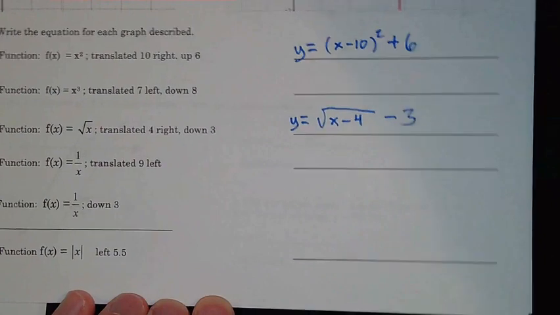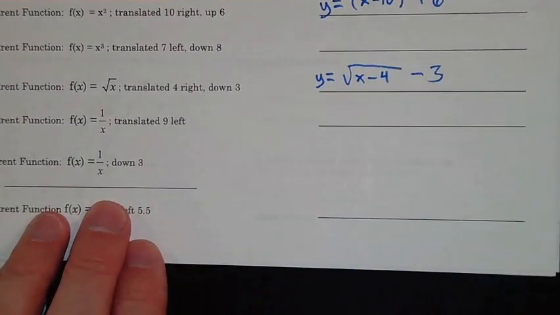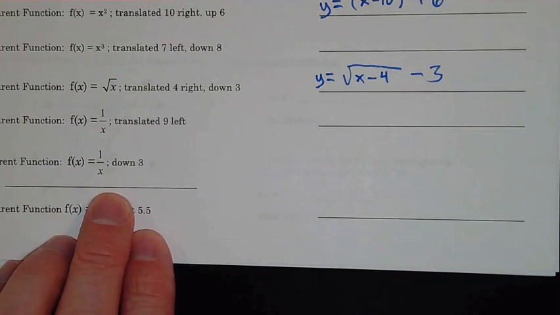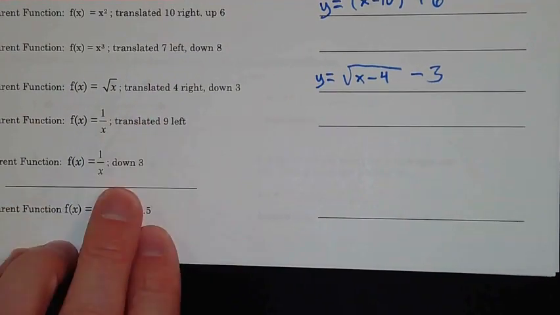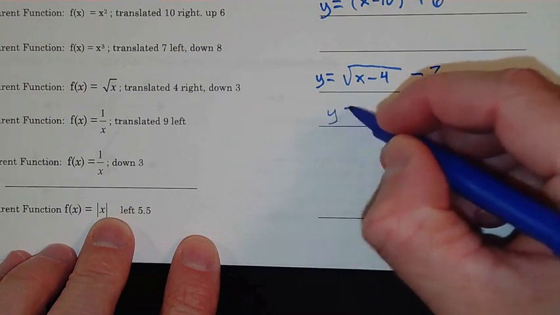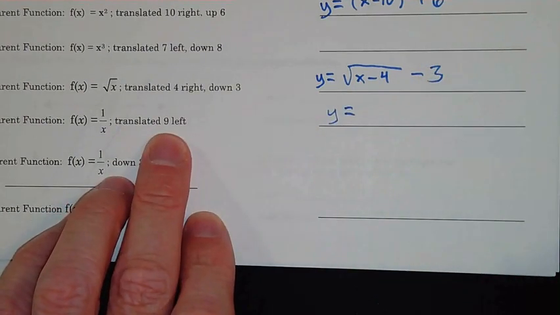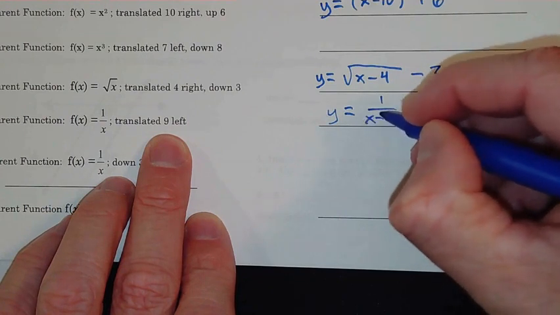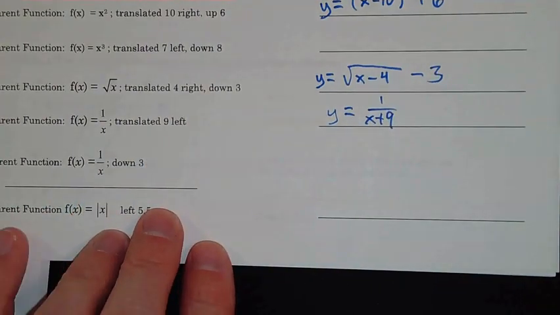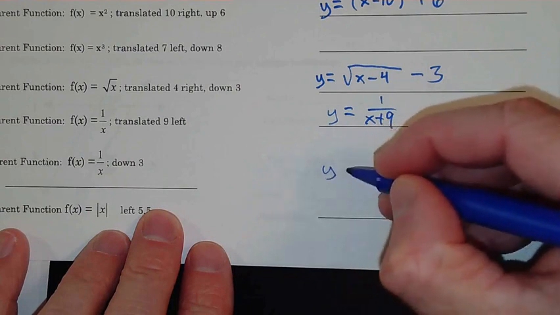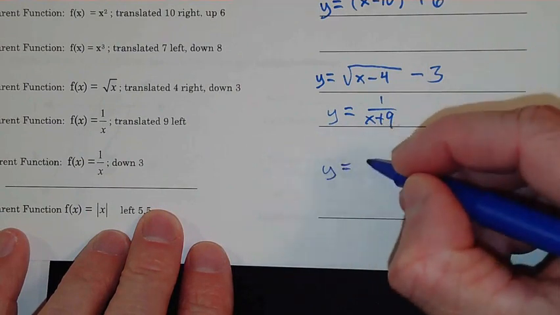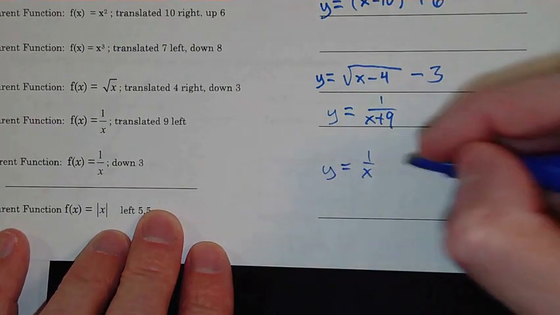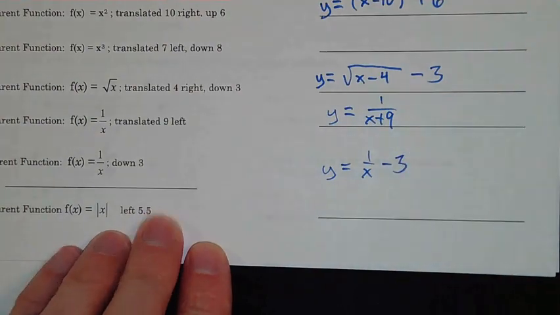And then maybe one of these hyperbolas, something like this one, 1 over x. Well, we've got one that's going left, one that's going down. Let's just do both of these quick. Translating 9 to the left, just replace that x with an x plus 9. That's it. For 21, moving it down 3, so y equals the function minus 3.